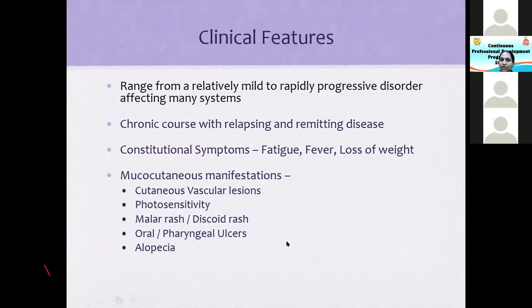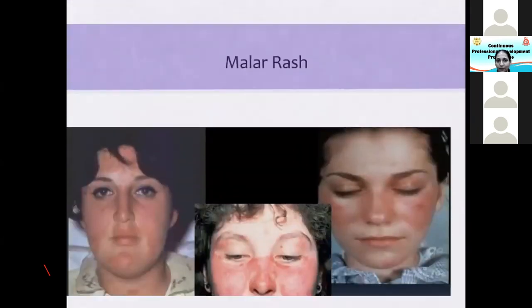What are the mucocutaneous manifestations? These are the features that can be seen from the naked eye. We have cutaneous vascular lesions, photosensitivity, malar rashes, discoid rashes, oral pharyngeal ulcers, the mucosal ulcers, and alopecia.